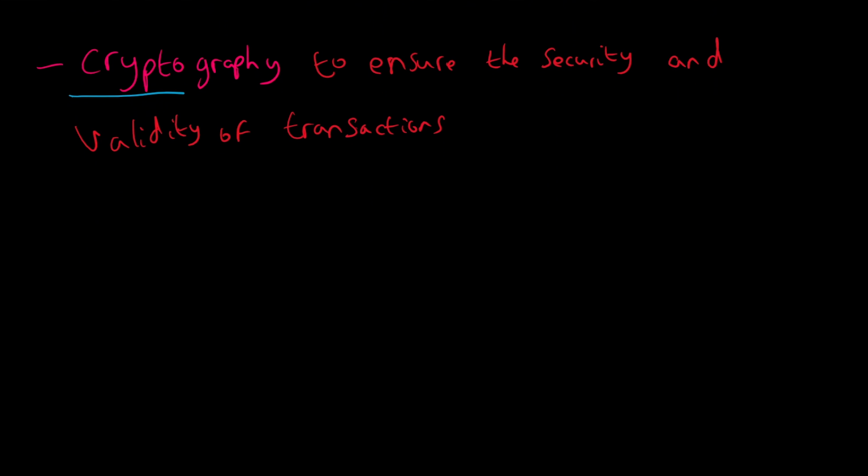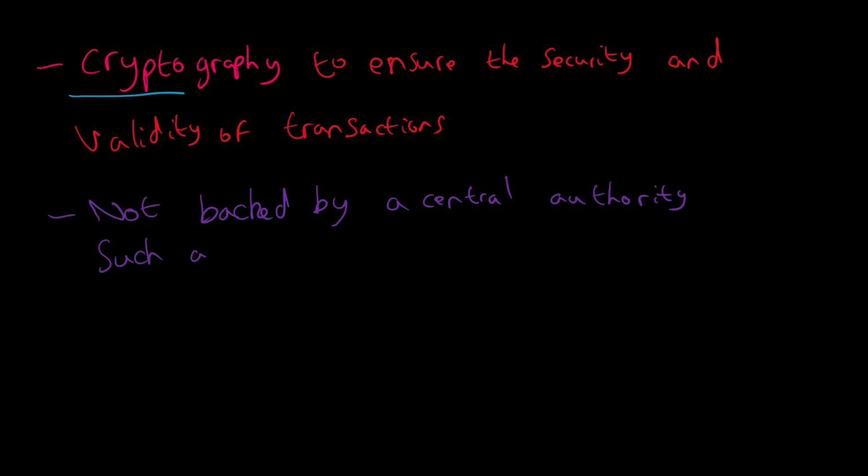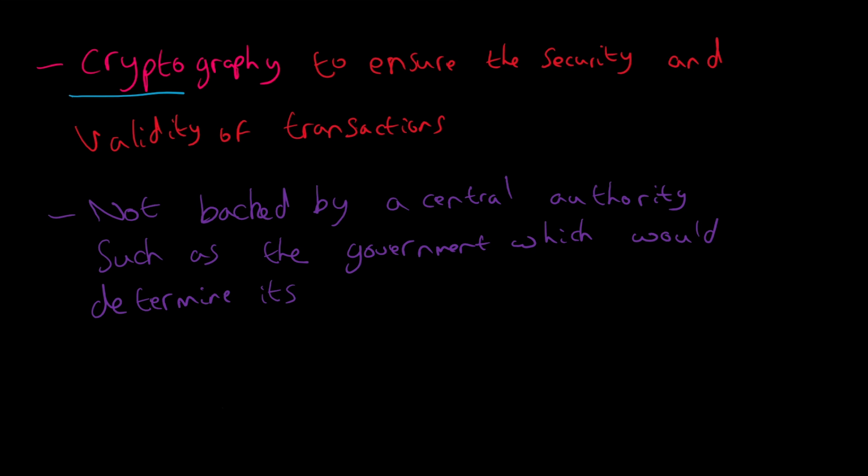Another crucial thing about a cryptocurrency, and essentially the technologies that power cryptocurrency, is they are not backed by a central authority such as the government, which would determine its value.